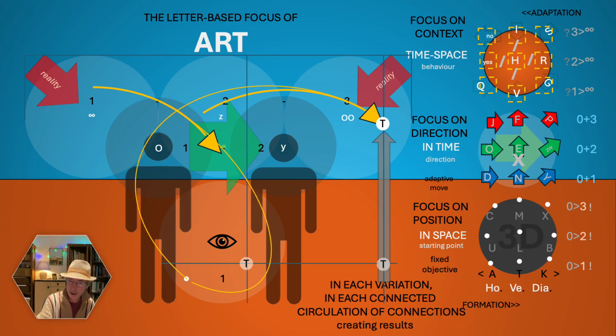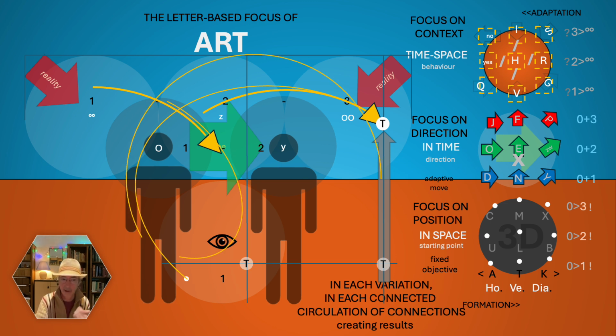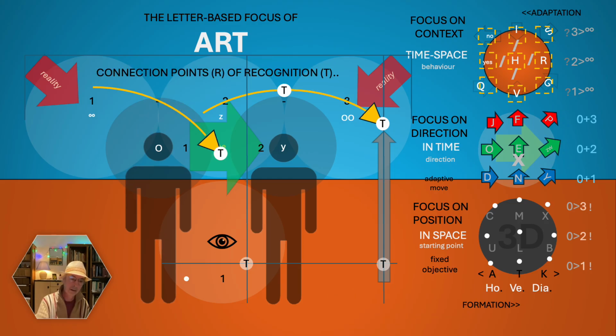And in each variation that I can create, in each connection that I can create, I will make that circulation of connections, creating results and, of course, also distinctions that express that.